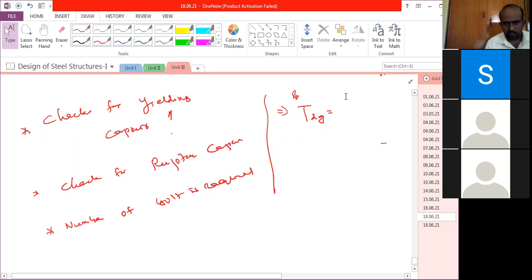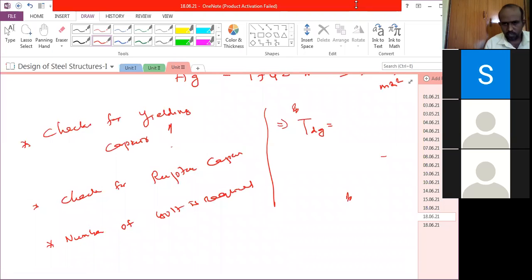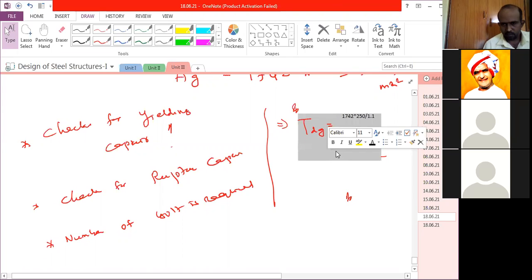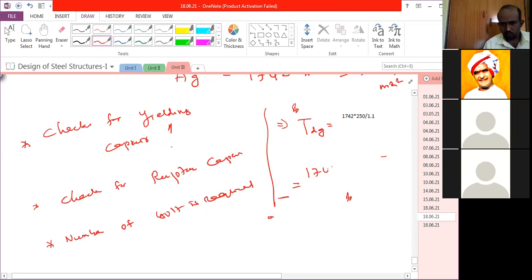So what is the AG here? What is the gross area we have provided? 1742, right? 1742 multiplied by FY value 250, divided by gamma m0, 1.1.